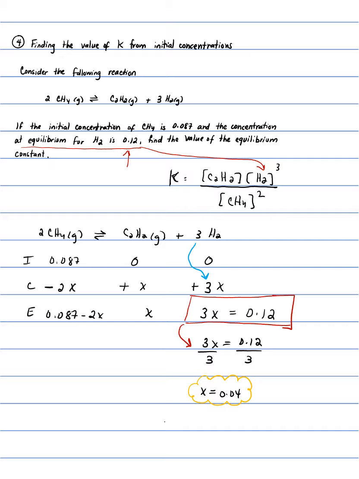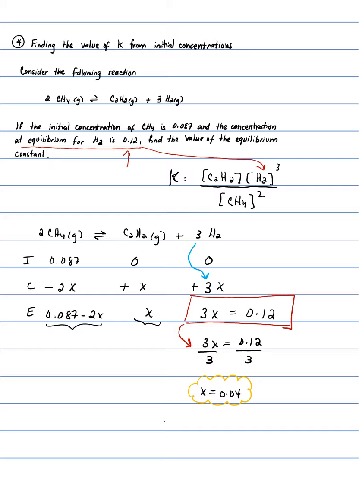And now, if you check your equilibrium constant expression, you have concentration of C2H2, which is x, and x is 0.04. Concentration of H2, we know that's 0.12. Concentration of CH4, it's 0.087 minus 2x, and we know how much is x. So we can actually calculate a numerical value for all of our concentrations here. And we can plug in the numbers in the equilibrium constant expression and get the value of K.